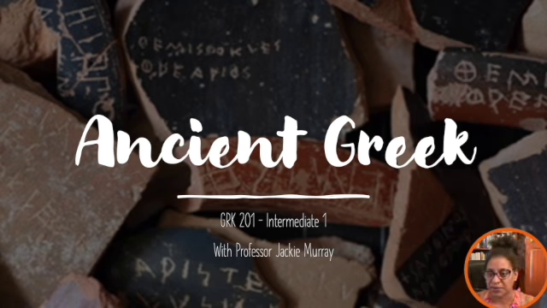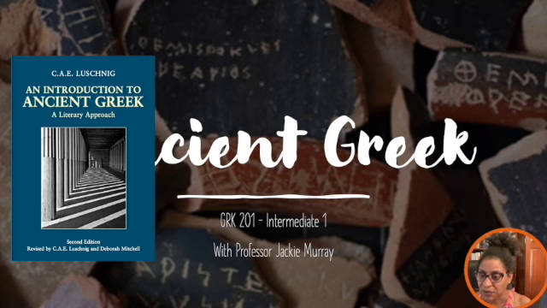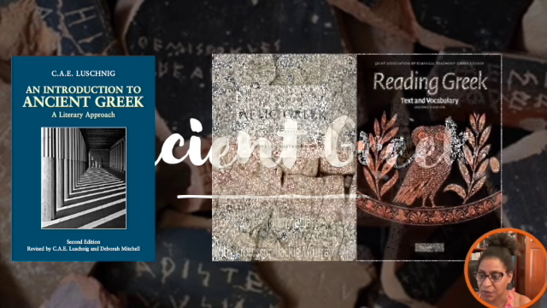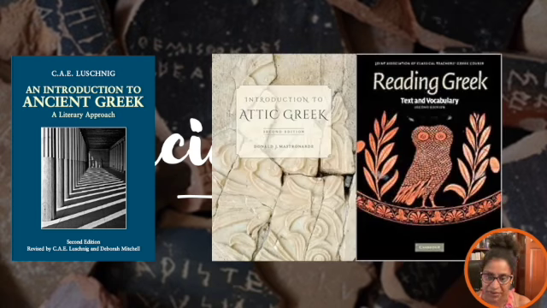I'll talk about how we're going to use Canvas and the course website, and I'll also go over the important points of the syllabus. For example, the fact that we will no longer be using Lushnik, but instead we'll be using the combination of Mastronarde and Reading Greek.